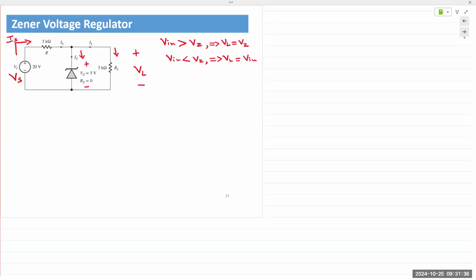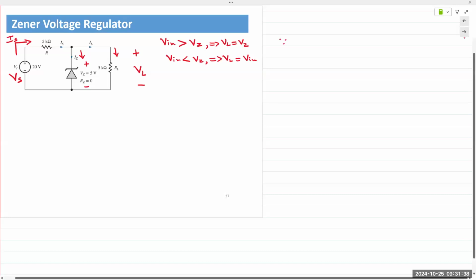So since Vs is much larger than Vz, assume diode is on. And if diode is on, then VL is equal to Vz is equal to 5 volts.